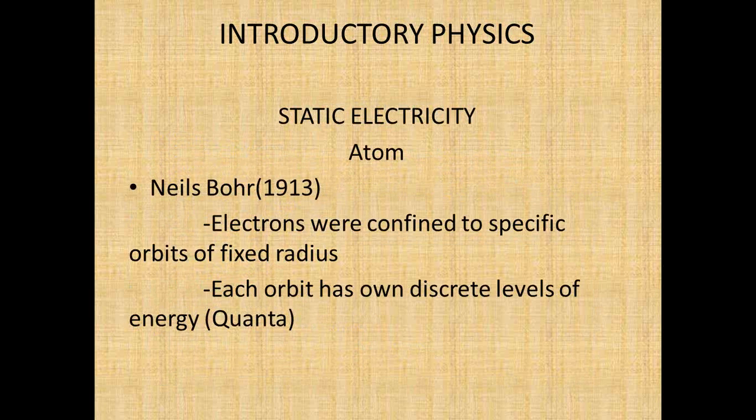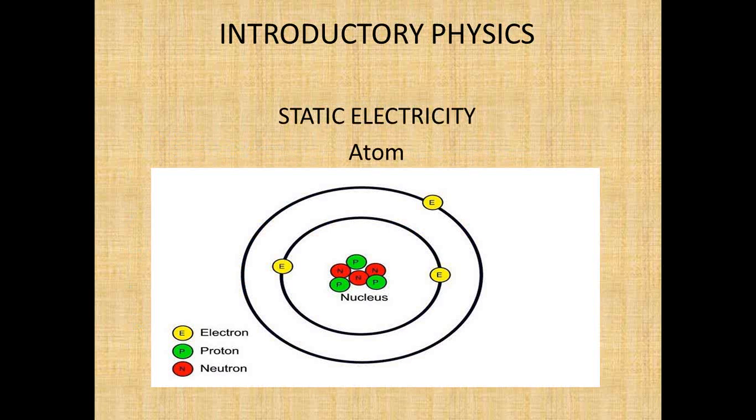But what we're saying is that for this orbit of electron, it has a certain amount of energy. And then the outer one has a different amount of energy as well.